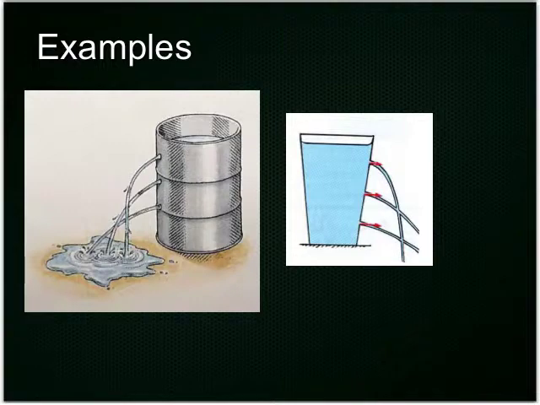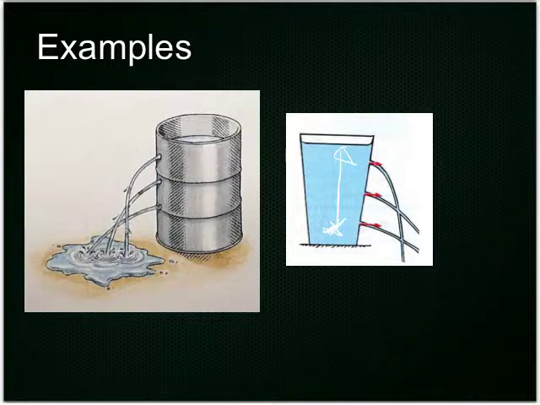So for example, pressure increases the greater the amount of fluid above a point, the greater the pressure. Okay, so if you think about this point here in the cup, then there is a much larger distance to the top, so there's more weight pushing down on that point, so there'll be greater pressure.